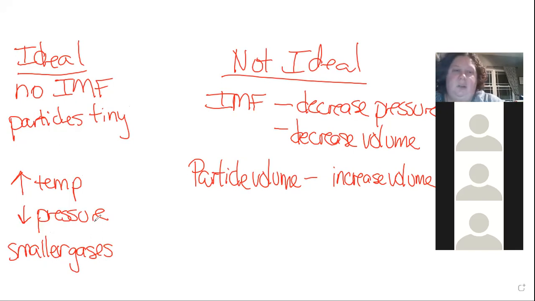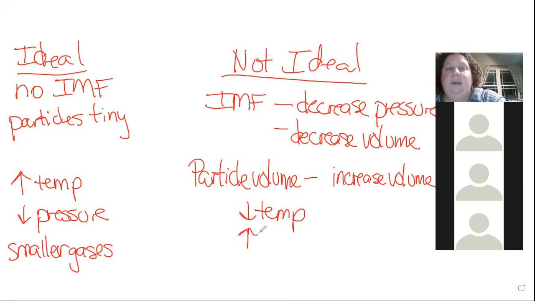The opposite of all of those is true if we have a deviation from ideal. So not ideal gases would happen at lower temperatures, at higher pressures, and those are going to be our larger molecules.